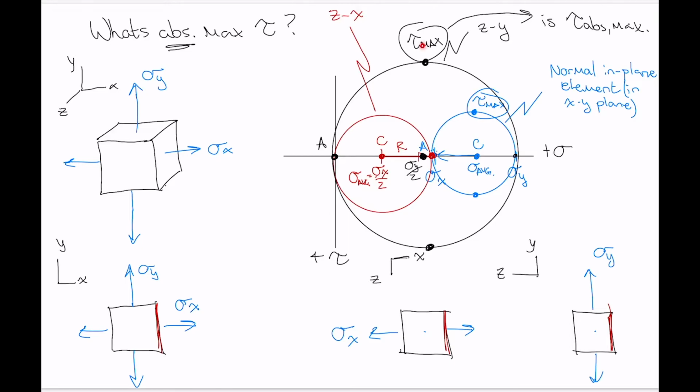See, tau max here is equal to the radius of the larger circle, which is sigma y divided by 2. And the first principal stress for a normal in-plane element here is sigma y. So the absolute maximum shear stress here can simply be found by drawing this normal version of Mohr's circle and taking the value of sigma y and dividing it by 2.